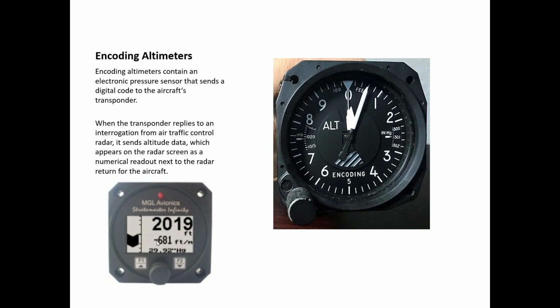And like this one here, well, this one says, okay, 2,019 feet. So that's what is encoded and sent to air traffic control, so they'll know what altitude. So if they get a lot of traffic in one sector, they can also do some vertical guidance.